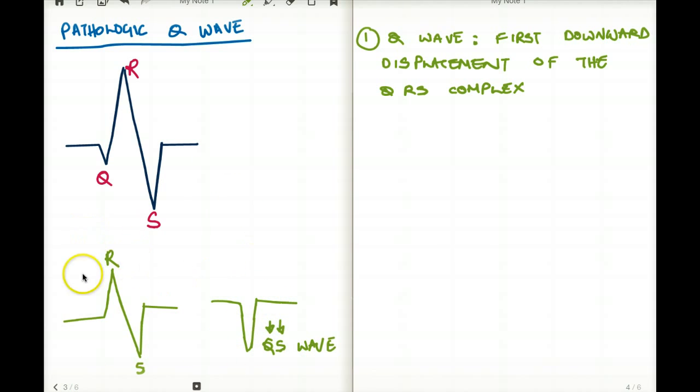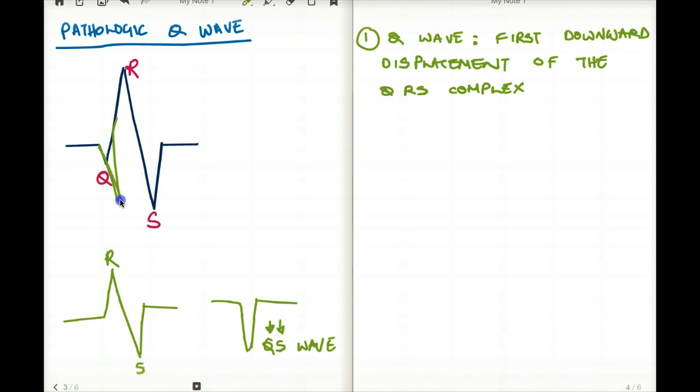Now that we have a little bit of understanding of what a normal Q wave looks like, what would a pathologic Q wave look like? In a pathologic Q wave, usually the Q wave is relatively quite large. Usually Q waves are so small that sometimes you can't even see them. It's a first deflection in the negative direction.